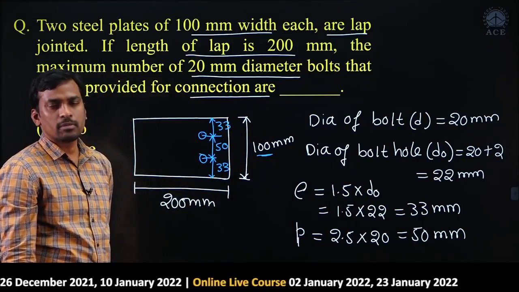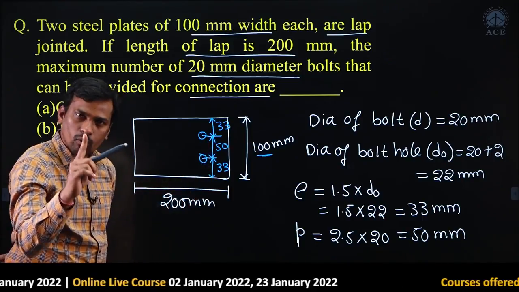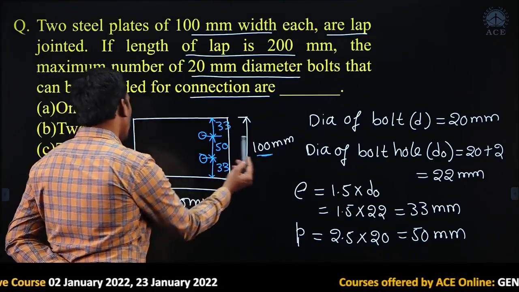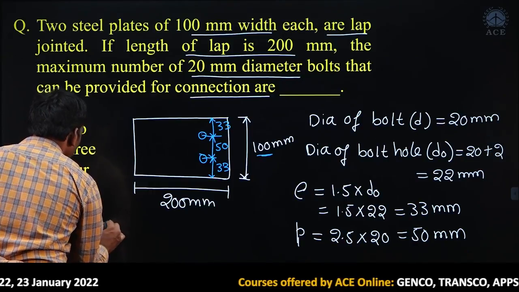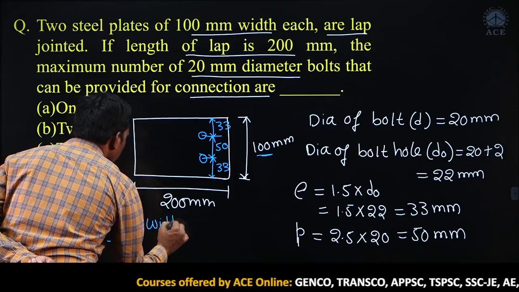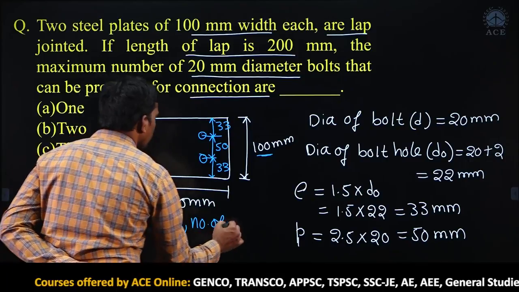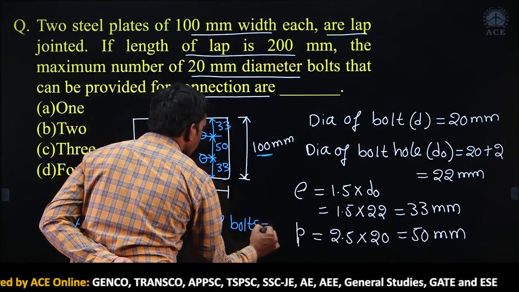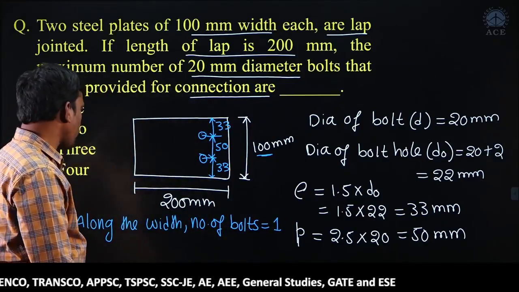It means we can't accommodate 2 bolts, we can accommodate maximum only 1 bolt. So, along the width, number of bolts is 1. It is not 2.